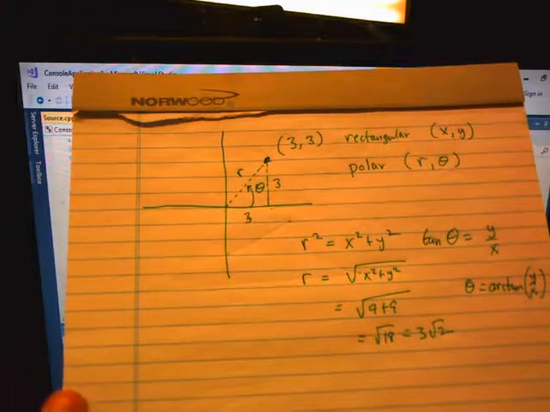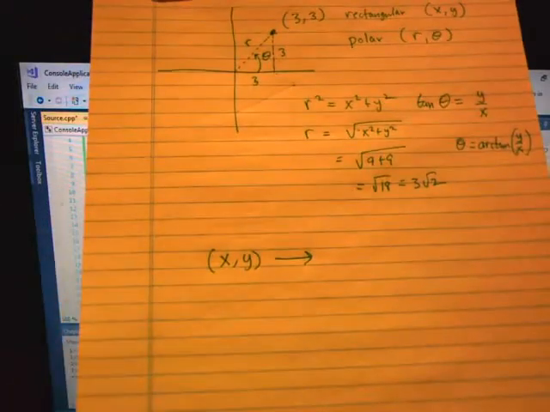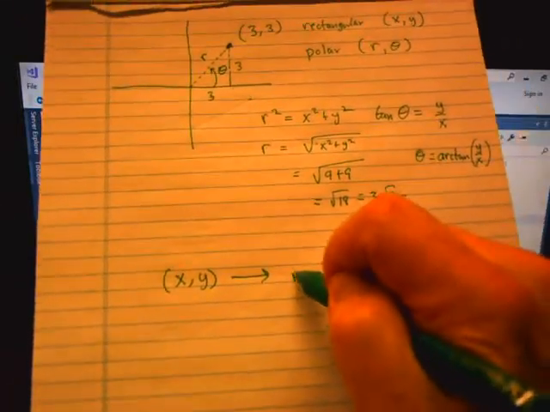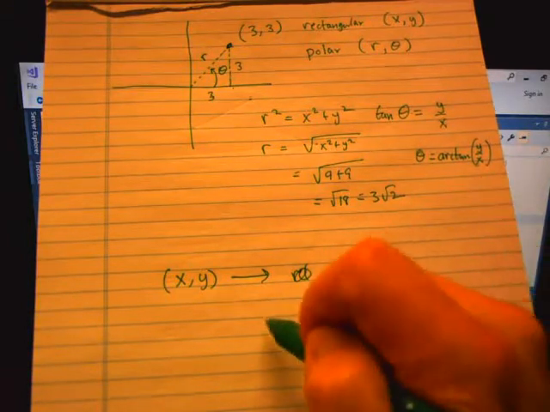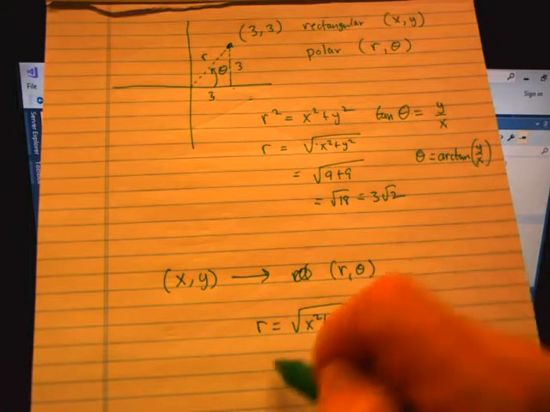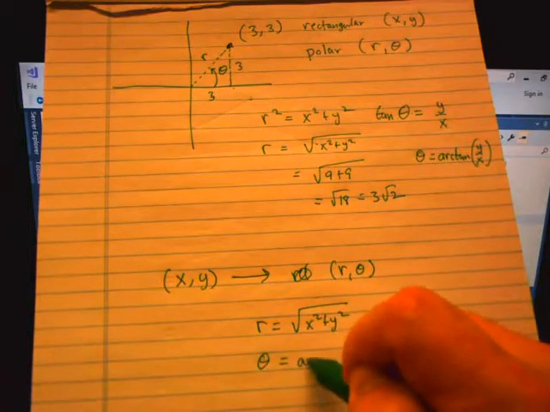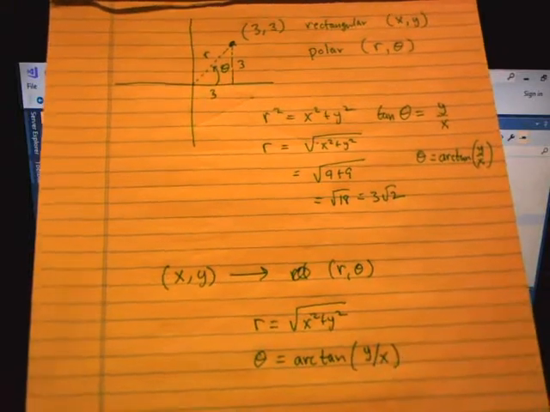So, if I give you a point x comma y, to convert it to r and theta, we would have two formulas. R is the square root of x squared plus y squared, and theta would be the arc tangent of y over x.